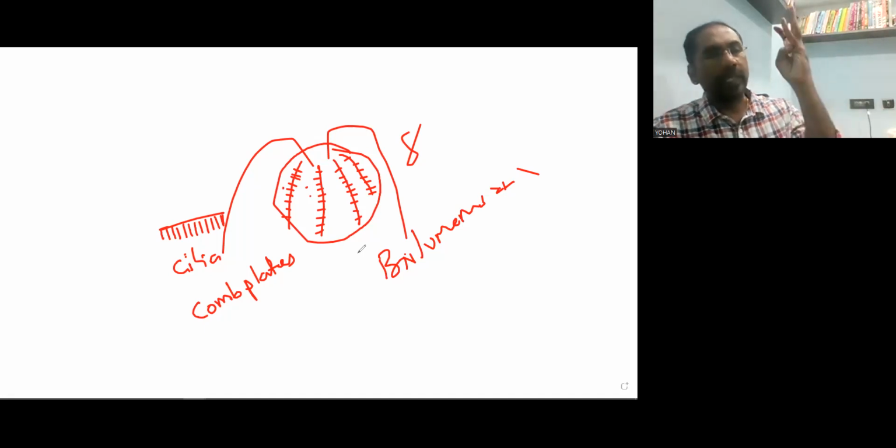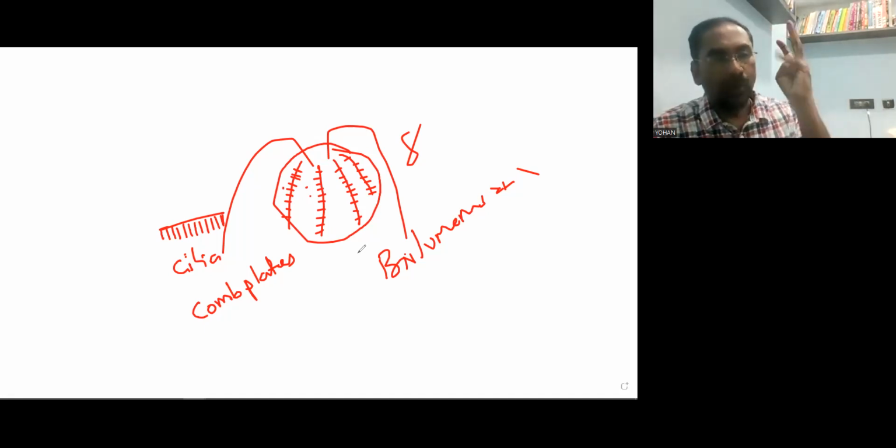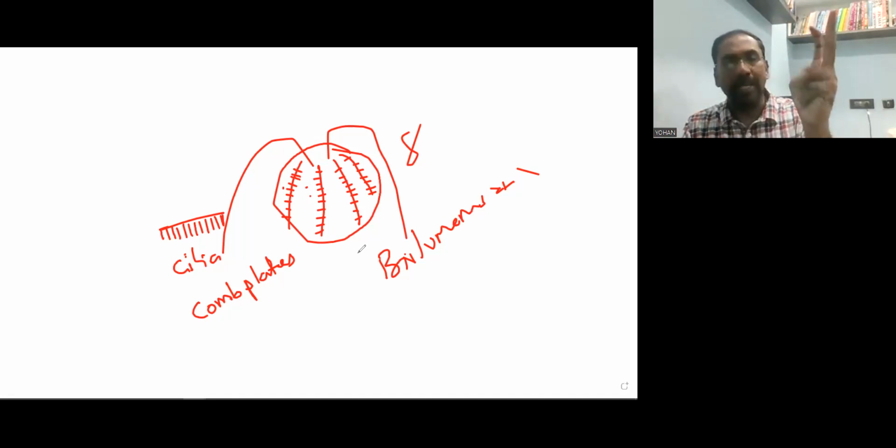I'll repeat once again. Commonly called sea walnuts or comb jellies. Completely marine, completely free swimming, tissue grade, diploblastic, radially symmetrical acoelomates.